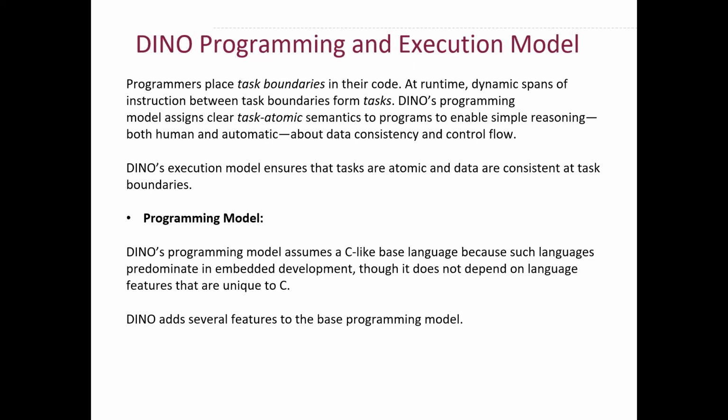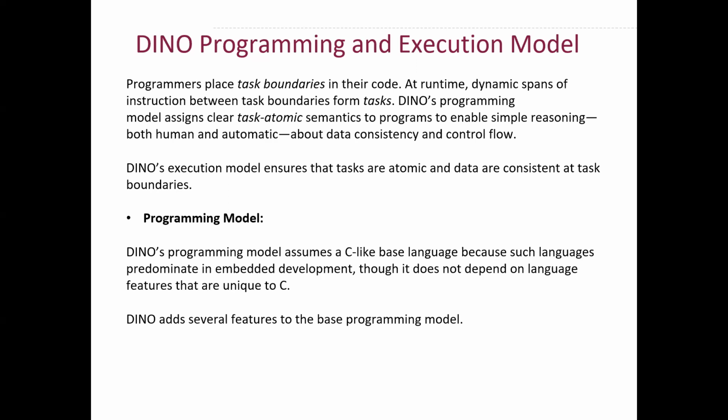DINO's programming model assigns clear task atomic semantics to programs to enable simple reasoning, both human and automatic, about data consistency and control flow. So DINO's execution model ensures that tasks are atomic and data are consistent at task boundaries. DINO uses data flow analysis and compiler-aided task cost analysis to help programmers place task boundaries in a way that ensures consistency and minimizes overhead.